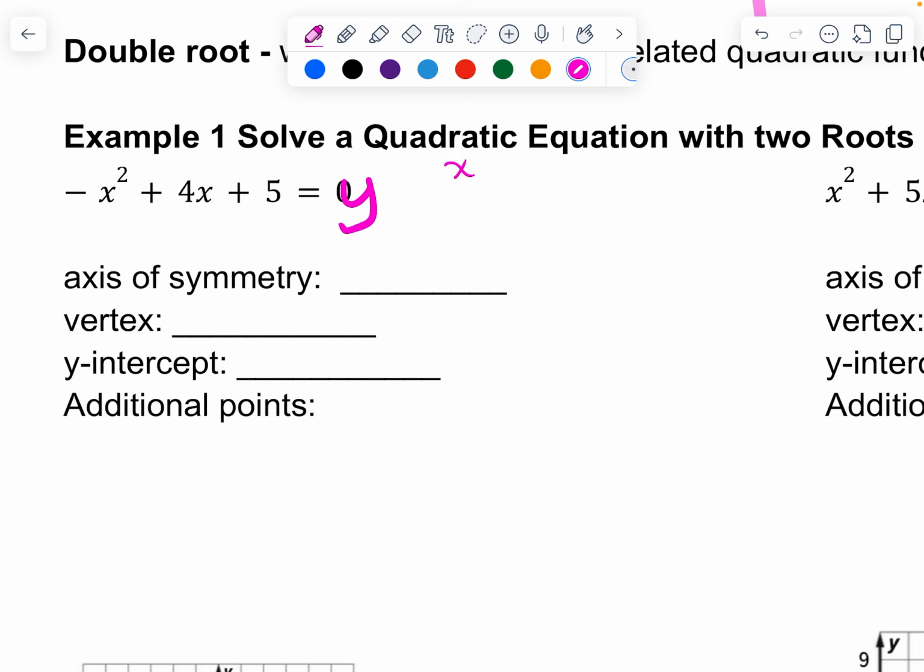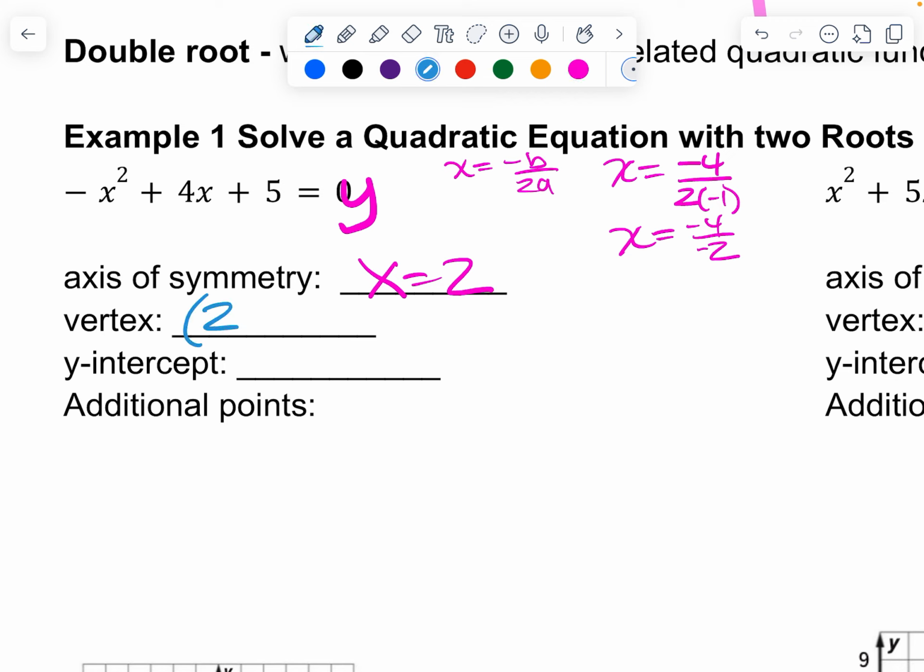So x is equal to negative b over 2a. So x equals negative 4 over 2a, which gets me negative 4 over negative 2, so x is equal to 2. Then, in order to find the vertex, I already know x is 2, I need to find the y value.